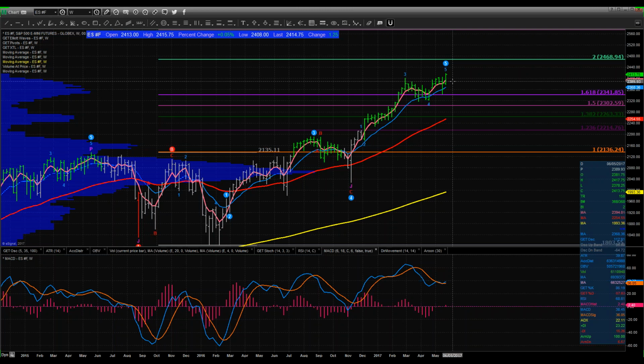The other thing that I'm seeing here is that the tech sector makes up a stronger percentage of the S&P than it has before. It's over 23-24% of the S&P.